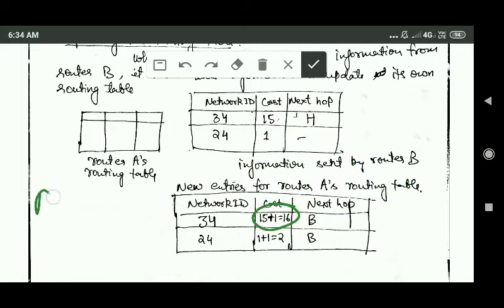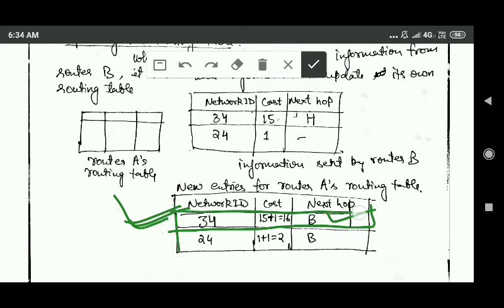So to transmit the packet to network 34, first router A will transmit the packet to router B. So the next hop or next router field will be B. So this entry is formed for router A's routing table, as you can see here, right? Final destination for the packet is network ID 34, cost is 16, and next router or next hop field is B.